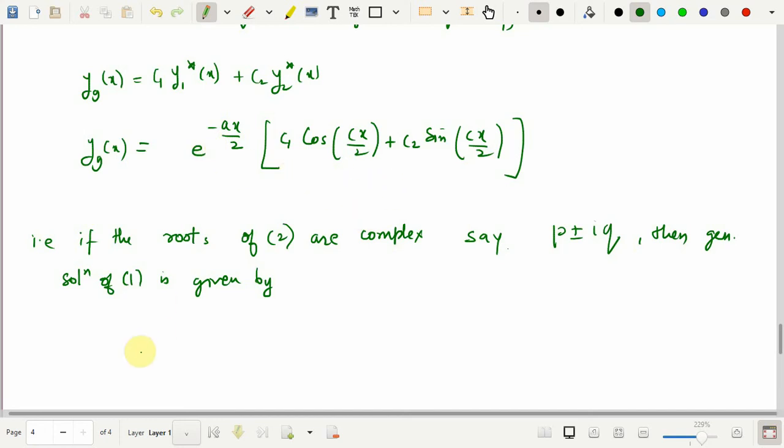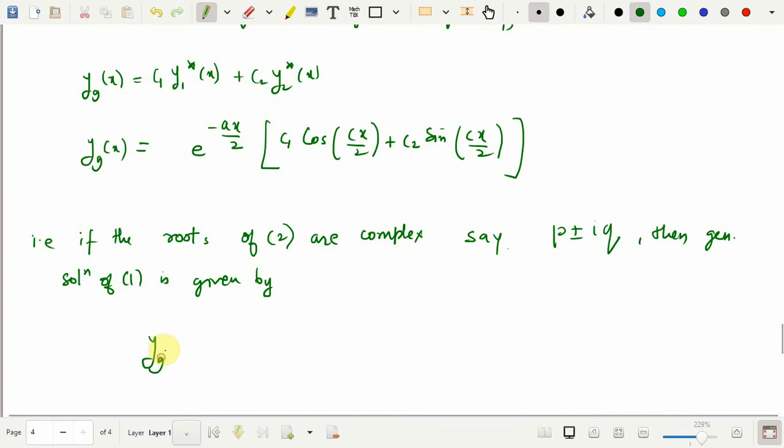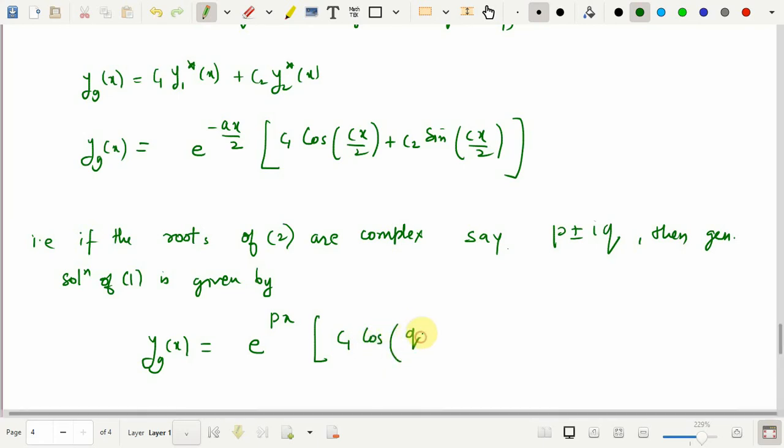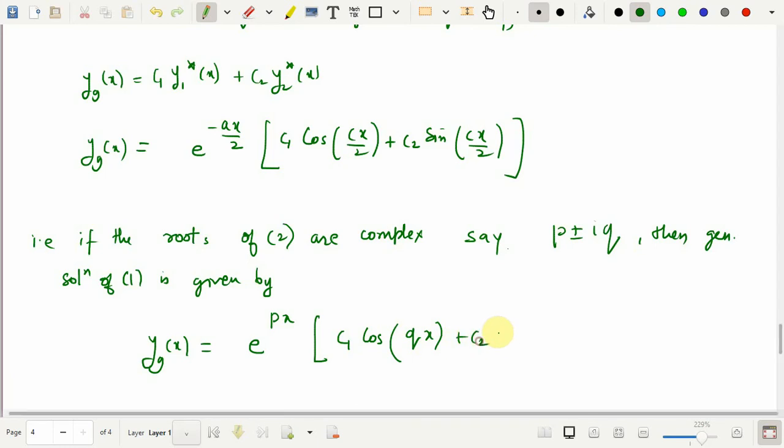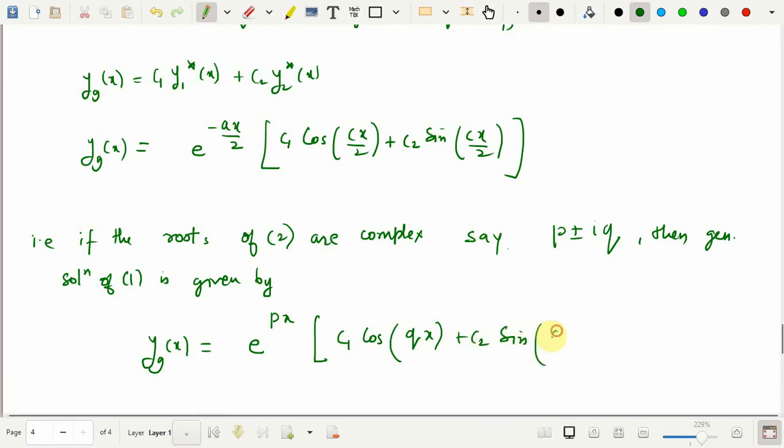So I'll just replace it and write in a nutshell, yg of x is equal to e raised to px, c1 cos of qx plus c2 sine of qx.